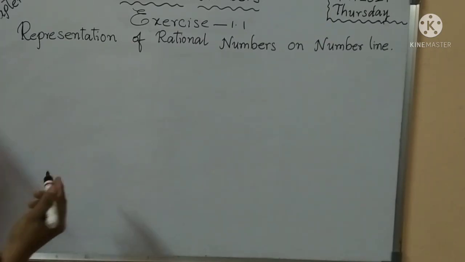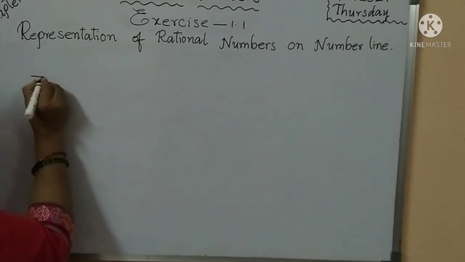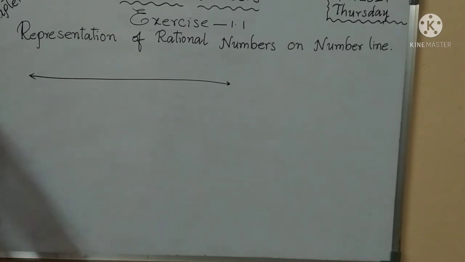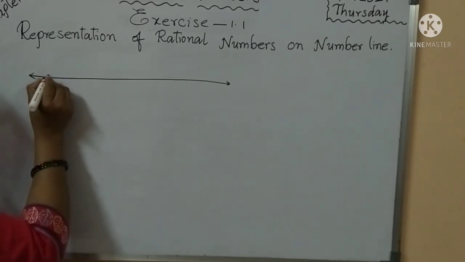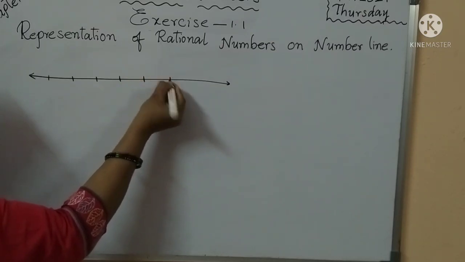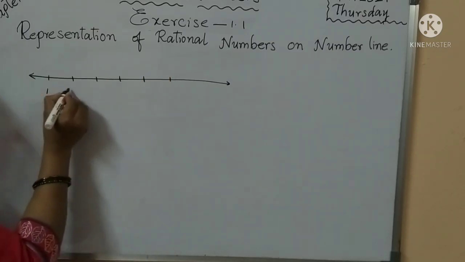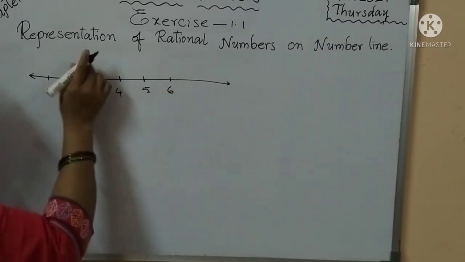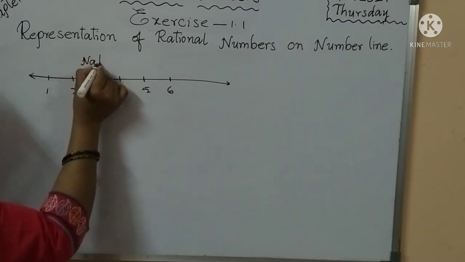So here it is a number line. What is a natural number? Counting numbers 1, 2, 3, 4. The distance is 1 unit, starting with 1 onwards: 1, 2, 3, 4, 5, 6. These are natural numbers.